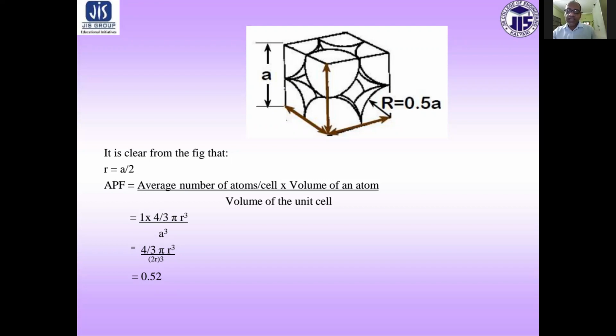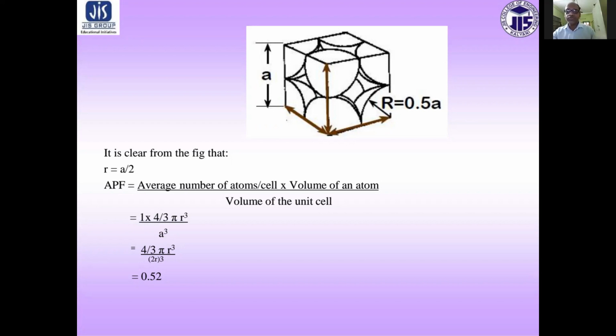In the earlier discussion we have seen that the average number of atoms per unit cell in a simple cubic structure is equal to 1. Here we assume the volume of an atom is that of a hard sphere, so it will be 4/3 pi R cube, and the volume of the unit cell is A cube.